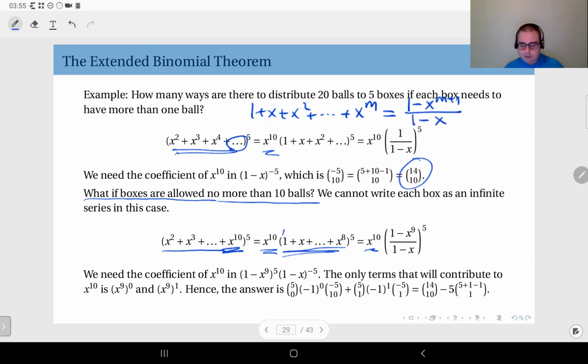So this expression, 1 plus x plus up to x to the power 8, is in fact equal to (1 minus x to 9) divided by (1 minus x). So this is taken to the power 5. Therefore, I need the coefficient of x to power 10 in this function. And this function is simply (1 minus x to 9) to power 5. If I had just this, that would have been easy. But I also have (1 minus x) to power minus 5.